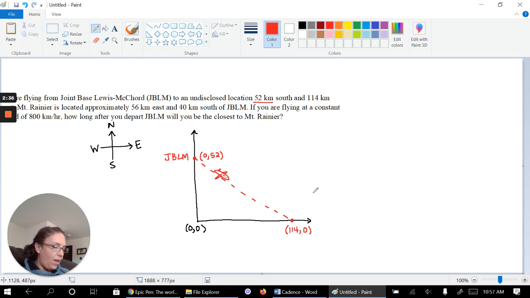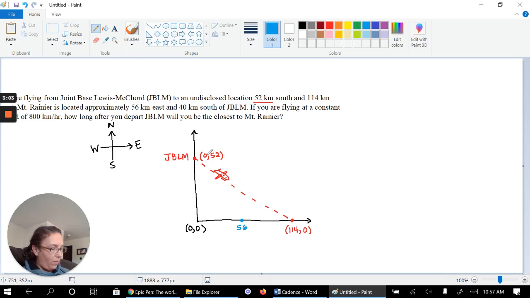Okay, and then it says that Mount Rainier is located 56 kilometers east. So remember, east is horizontal. So I'm just going to mark a little point here, 56. So 56 kilometers east and 40 kilometers south.